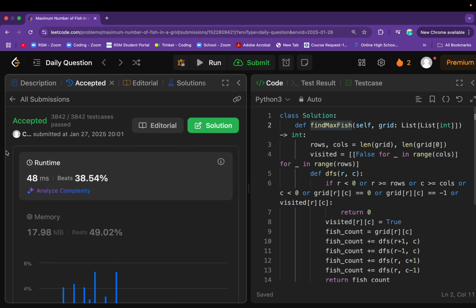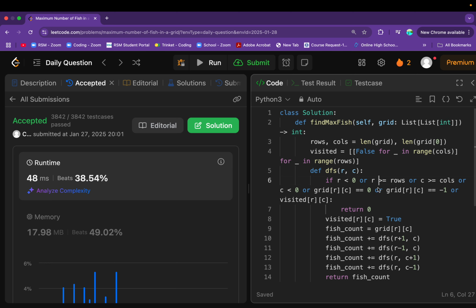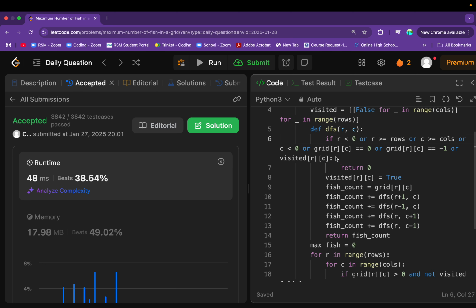And as you can see, this is really just about as efficient as you can get. So feel free to fast forward that part. Sorry for not telling you that before. But to reiterate what this code does as a whole, once we initialize our number of rows and columns, our visited array, and our DFS helper function to recursively explore every four-directionally adjacent cell from every potential starting cell, we then iterate over every cell in the grid, and for every unvisited cell with fish, we use our DFS helper function to explore all the connected cells and collect fish recursively for that specific path, checking if the current cell RC in this nested loop is the most optimal cell to start with.